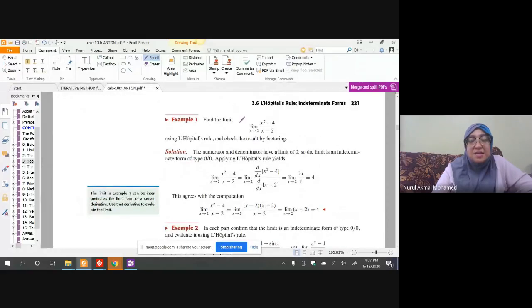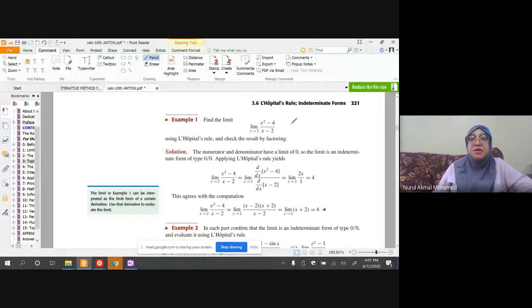Okay, so let's see example 1. Limit of x squared minus 4 divided by x minus 2, when x tends to 2. If you substitute in these expressions, when x is equal to 2, you will get 0 over 0.